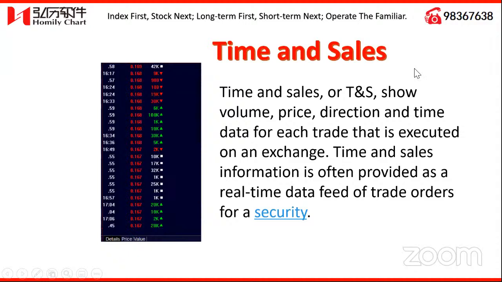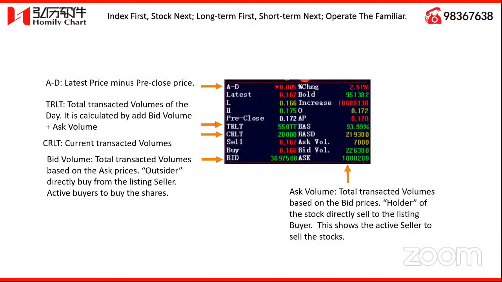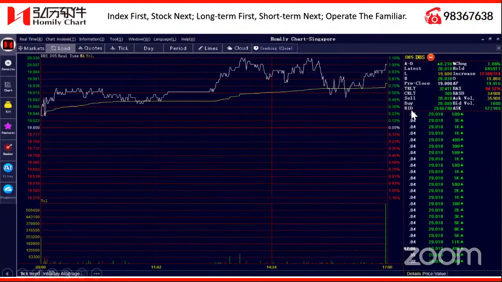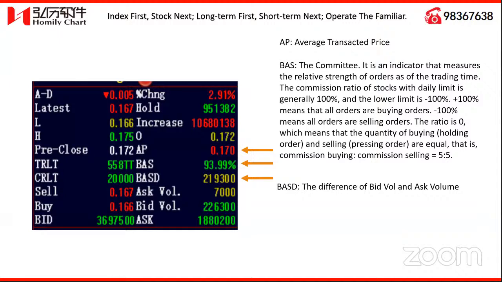Unlike the bid and ask volume, where you can foresee how many buy orders and how many sell orders there are, be careful, they might be artificially fabricated by some of the speculators or bankers.